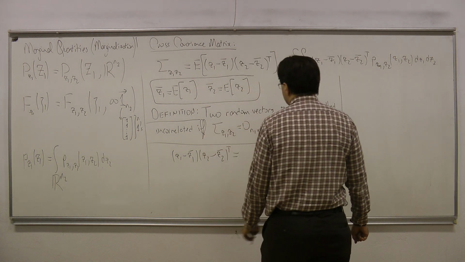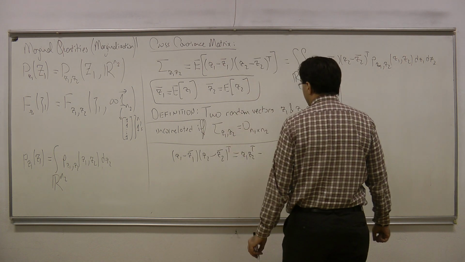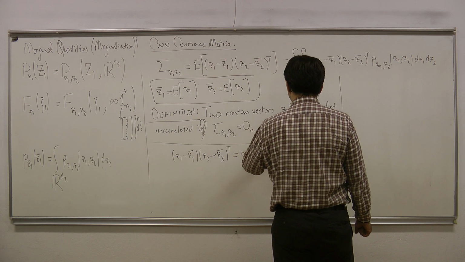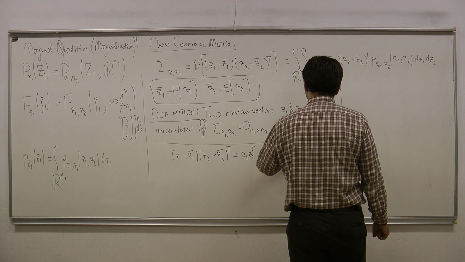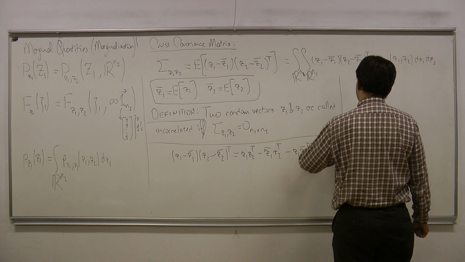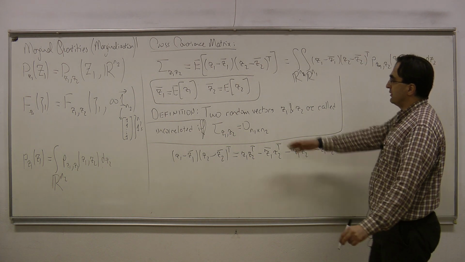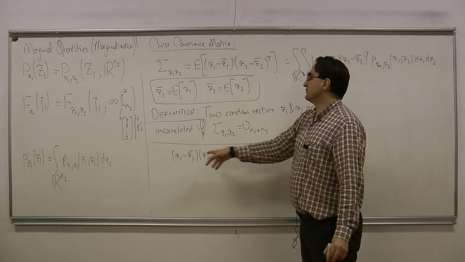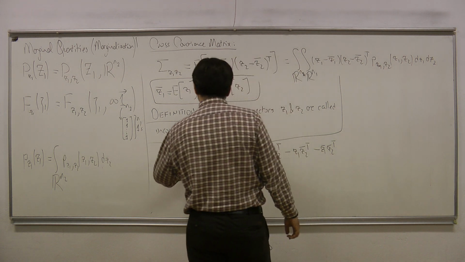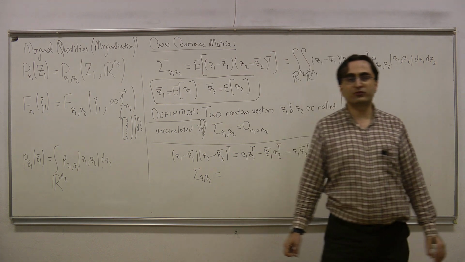Then that is equal to Z1 Z2 transpose, minus Z1 bar Z2 transpose, minus Z1 Z2 bar transpose, minus Z1 bar Z2 bar transpose. And then I'm going to take the expectation of both sides. The expectation of the left-hand side is going to give me sigma Z1 Z2, the cross-covariance matrix.